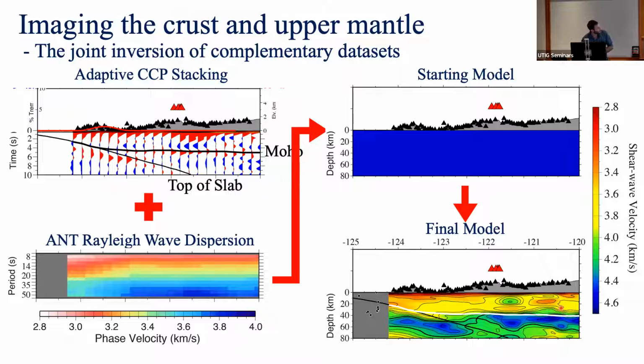So we're recovering our crust-mantle transition really nicely in our overriding plate. We also see this dipping fast velocity feature right below estimates of where our slab is located.